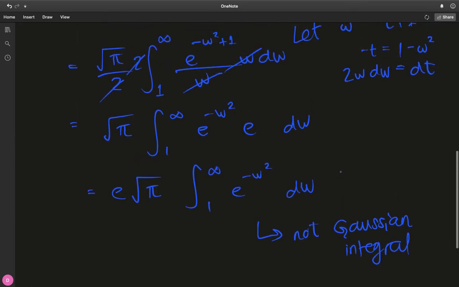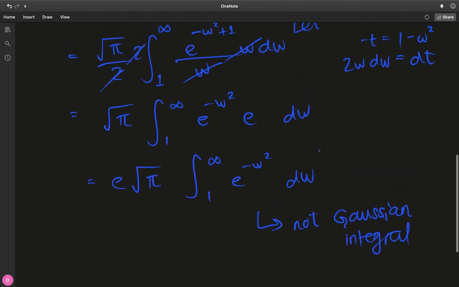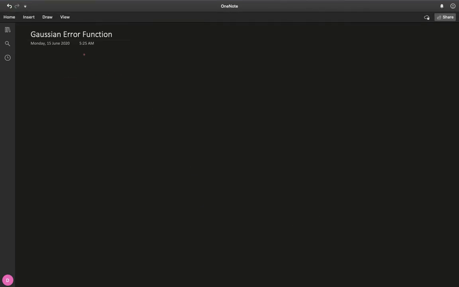But don't worry, mathematicians found a great way to deal with stuff like this. Let me just explain this on a fresh page. So remember that our Gaussian integral was the integral from 0 to infinity of e raised to negative x squared dx.